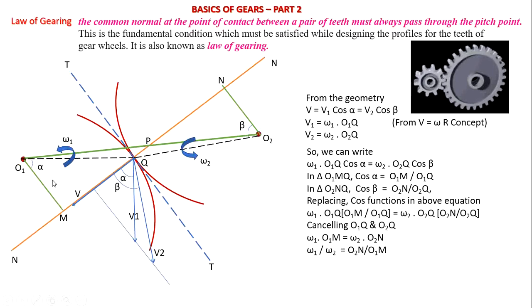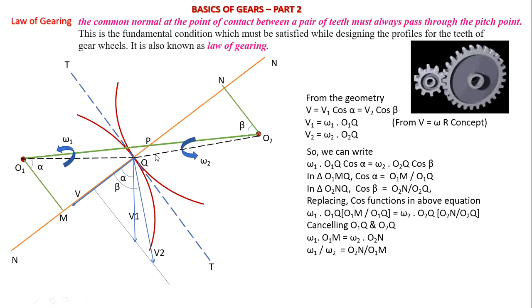That means the angular velocity ratio omega 1 by omega 2 equals this length O2N by this length O1M.